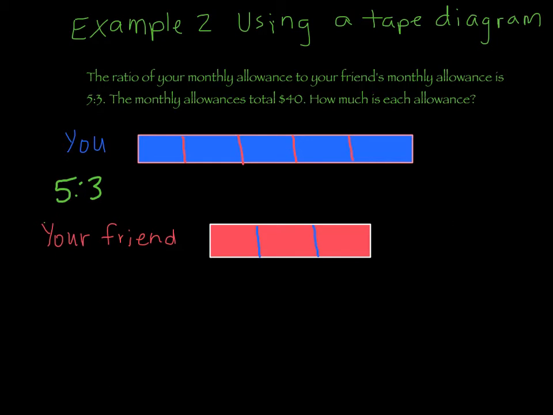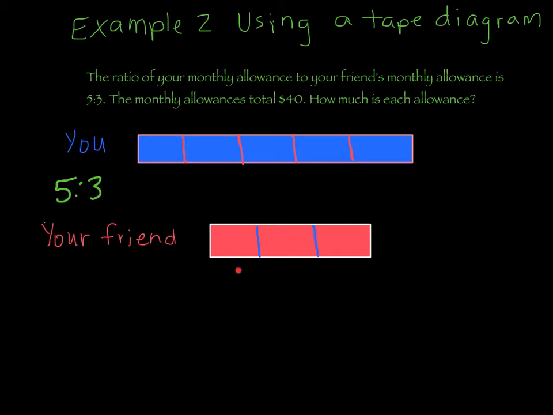So first of all, I'm looking at what my ratio is. It's 5 to 3. I'm talking about monthly allowance. So I split up a tape diagram into 5s: 1, 2, 3, 4, 5. And then my friend has 3 parts: 1, 2, 3.